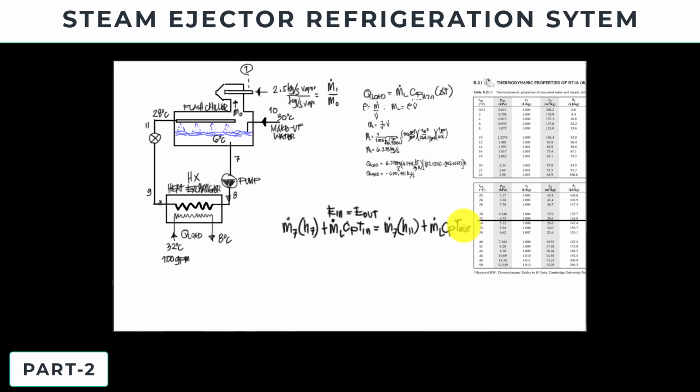Now combining terms here in order to factor out our mass, we can factor out the mass flow rate. So we have the mass flow rate of enthalpy 7 minus enthalpy 11, which is equal to the mass flow rate of your load times the specific heat, we have the temperature out minus the temperature in.